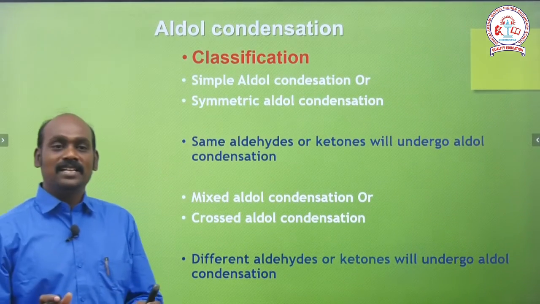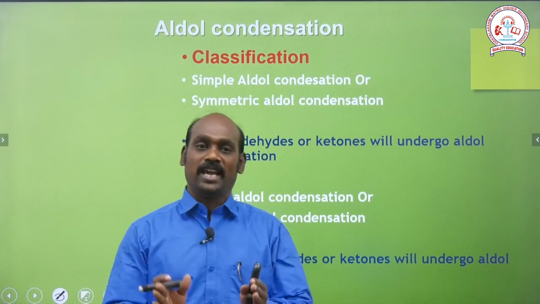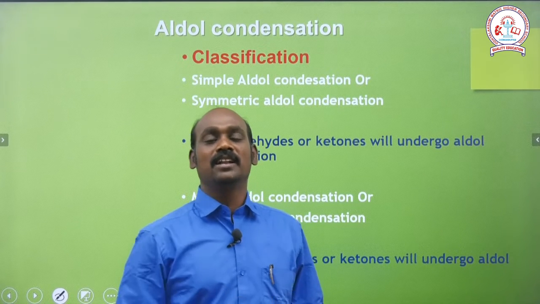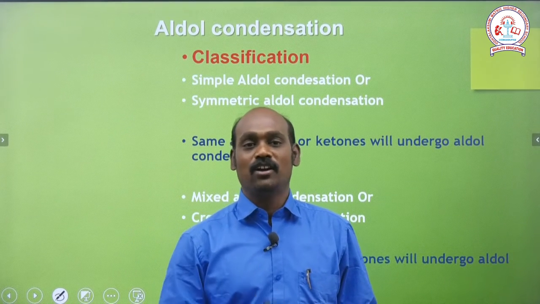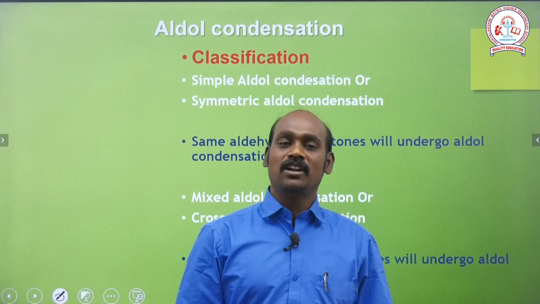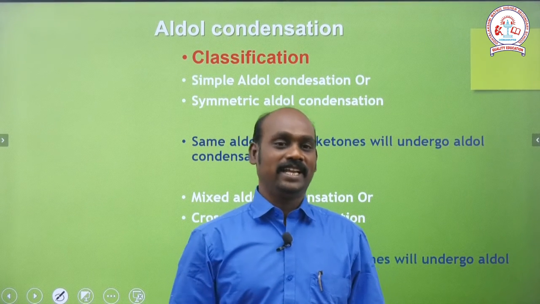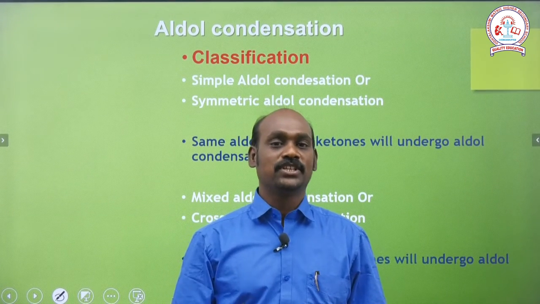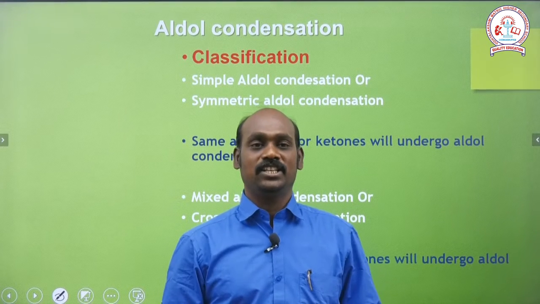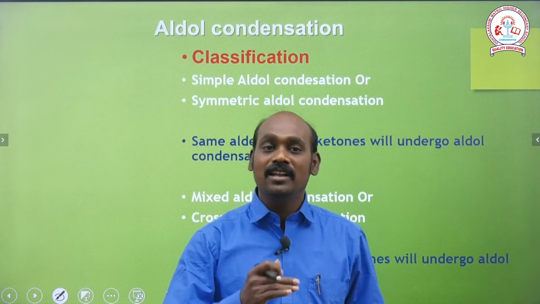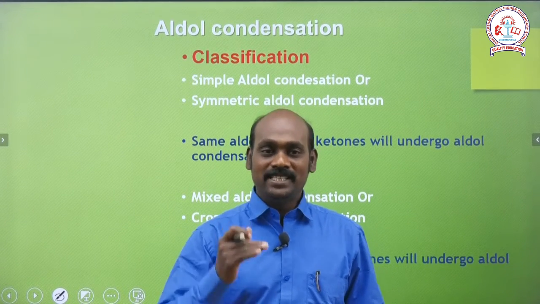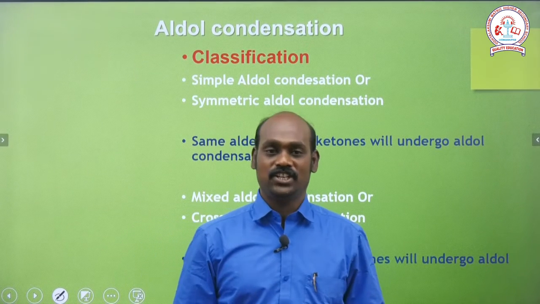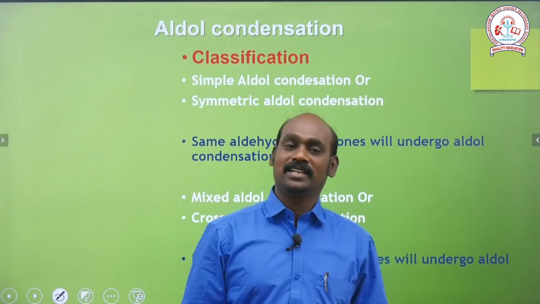Aldol condensation may be classified into two types. One is simple Aldol condensation, or symmetric Aldol condensation. So what is simple Aldol condensation? When the same aldehydes or the same ketones undergo Aldol condensation, it is known as simple Aldol condensation. The next one is mixed Aldol condensation, or crossed Aldol condensation.